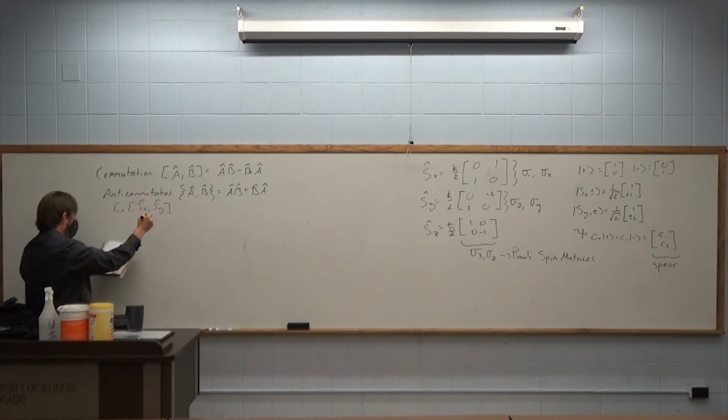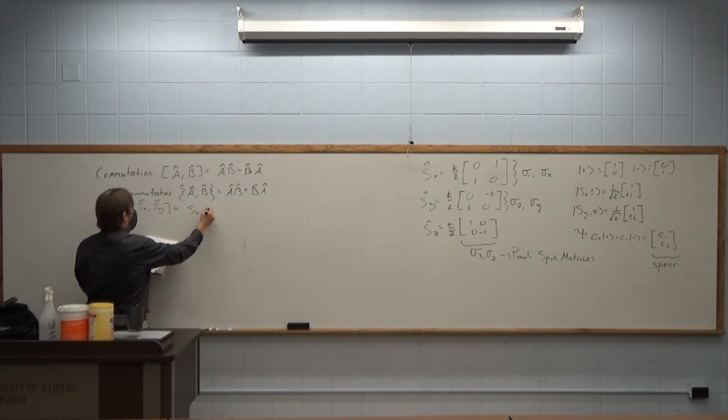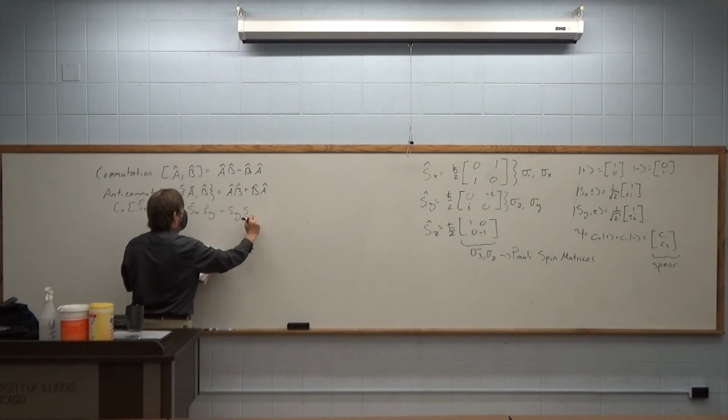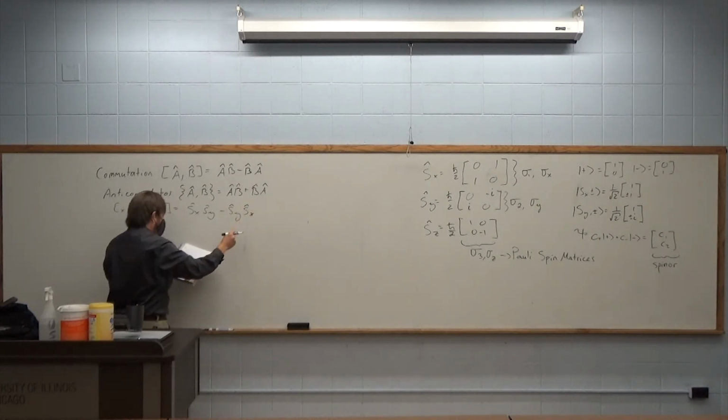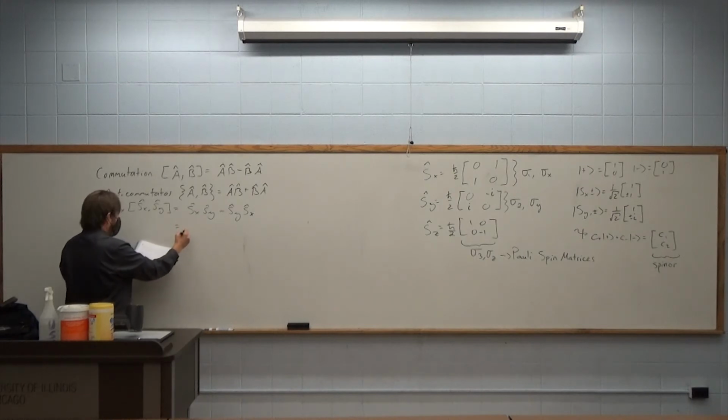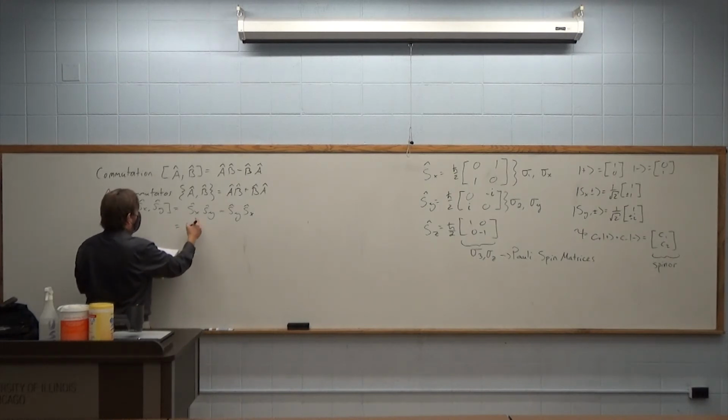Here's an example. I may forget that hat. Okay, what's this? You're doing this on your homework. Each one has an h bar over 2, so I'll just go ahead and square it, factor it out of the rest.